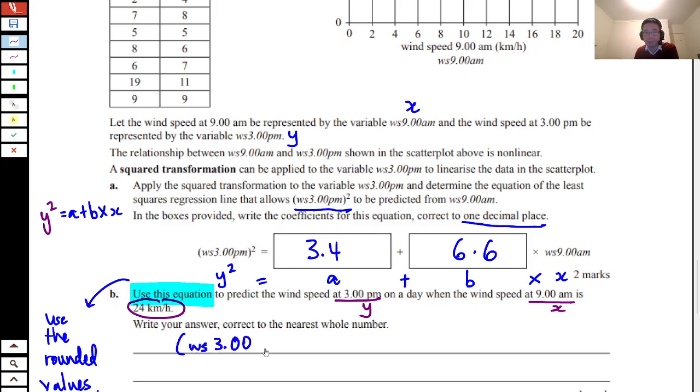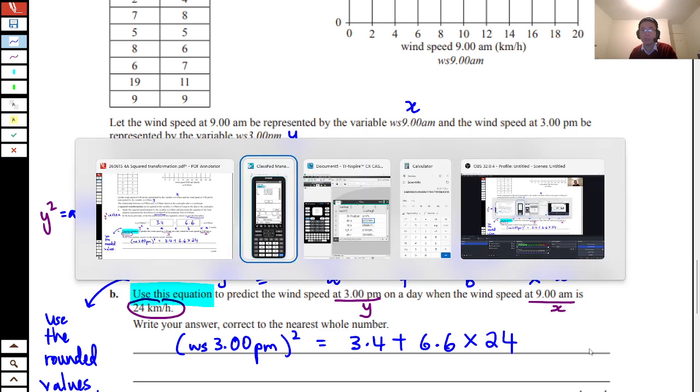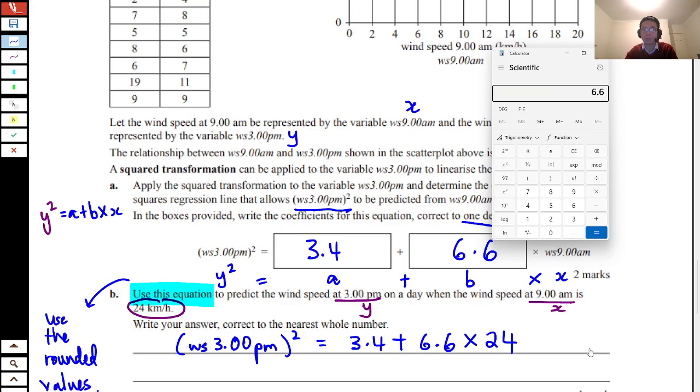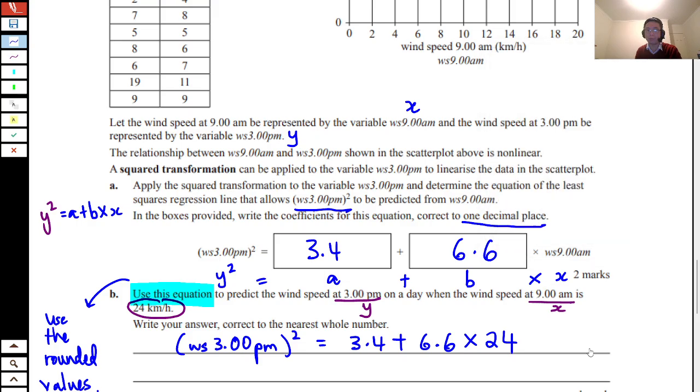So, our wind speed at 3 p.m. squared is going to be 3.4 plus 6.6 times 24. All right, so we do that calculation and we get 161.8.